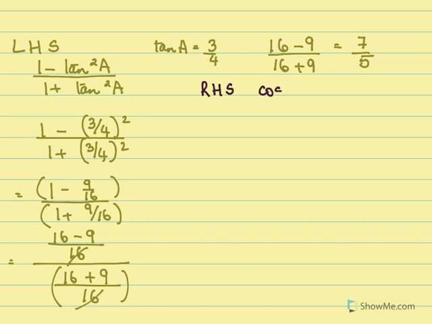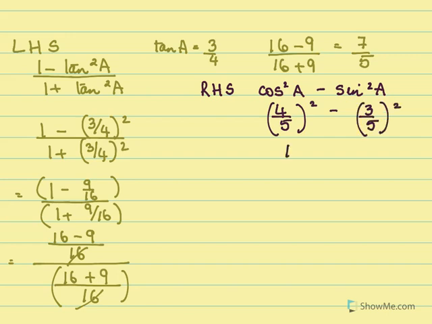Now it is time to substitute the right hand side, and in the right hand side we have cos square A minus sin square A. In an earlier slide we have found cos as 4 by 5 the whole square, and sin was 3 by 5 the whole square, which is 16 over 25 minus 9 over 25.